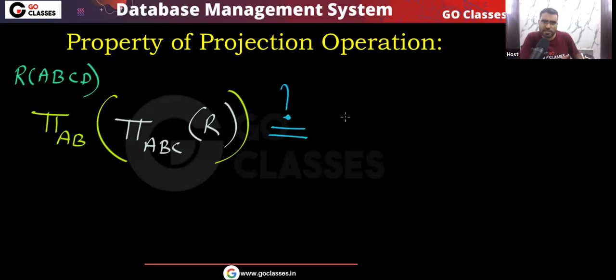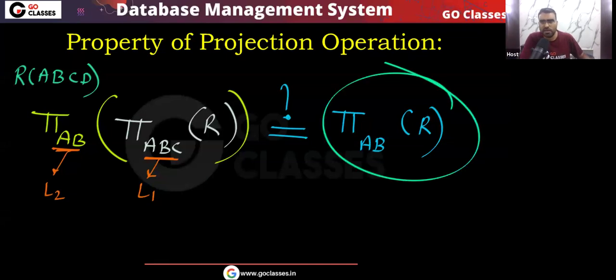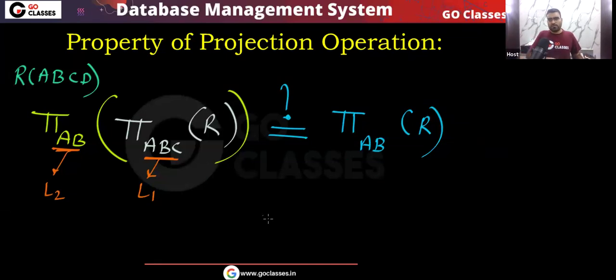Will it be same as if I directly project AB? This is my question. This is your L1, and let's call this L2. Think about it and tell me, can I directly project AB?